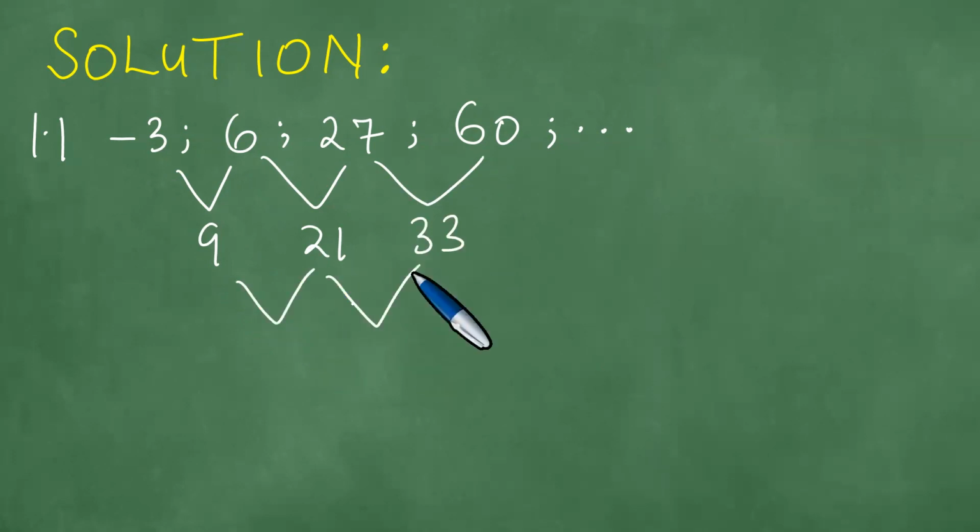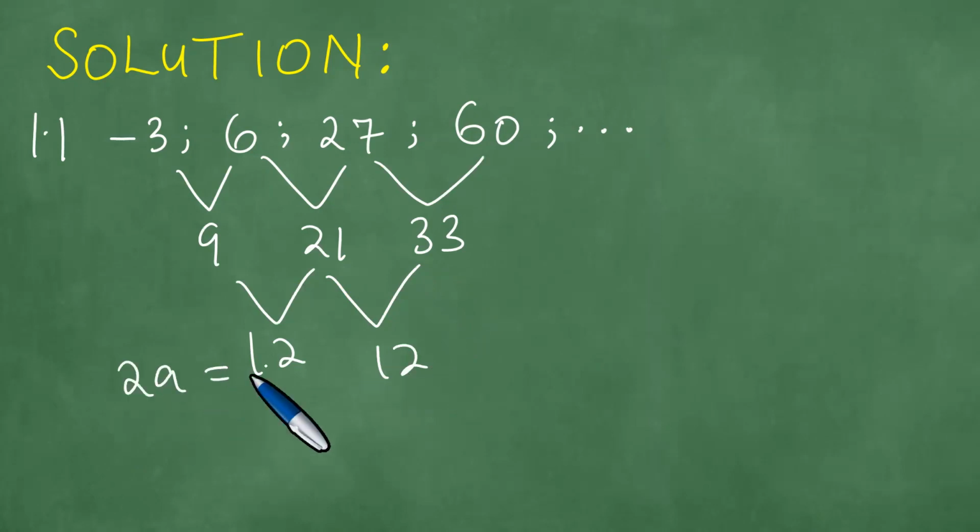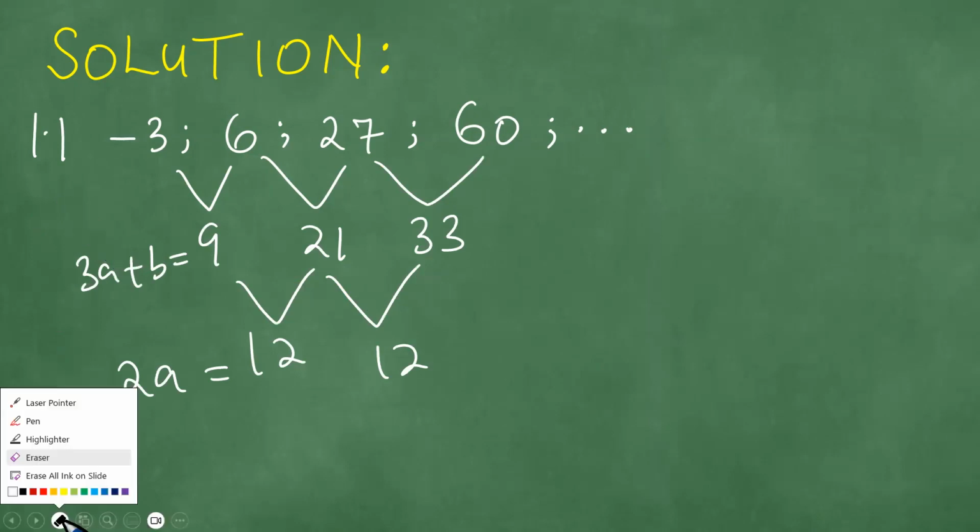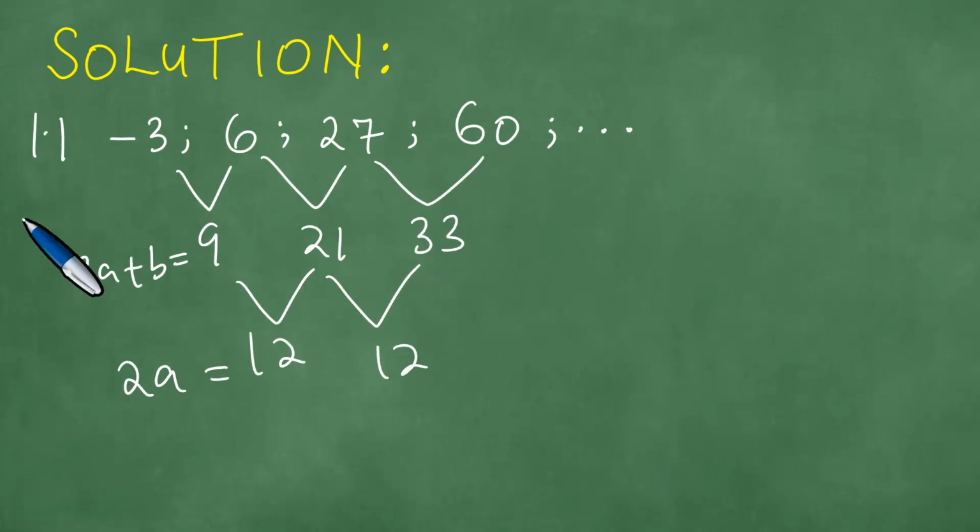And we do this. 21 minus 9 is 12. 33 minus 21 is 12. So in the end, you have 2a equals this, and then here we write 3a plus b equals this, and at the top, we write a plus b plus c equals the first term, minus 3.